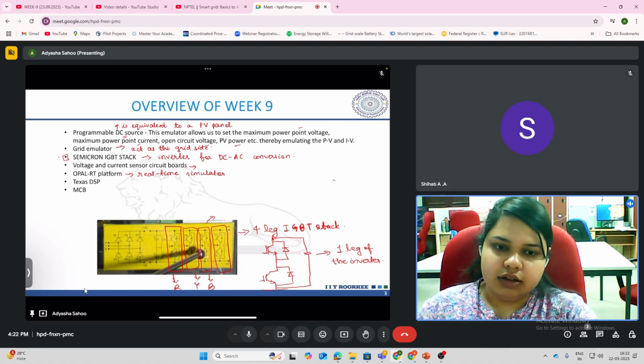Nothing is hardware in the system. You build the whole complete system in the software, you feed in the control logic, and you see whether your system is working fine or not. But here you see there is no physical component involved in it. There is no real-time simulation going on.